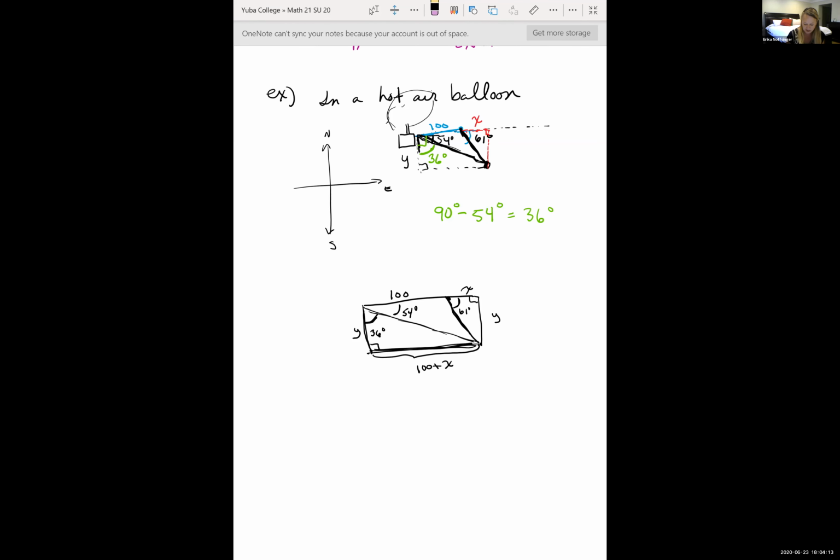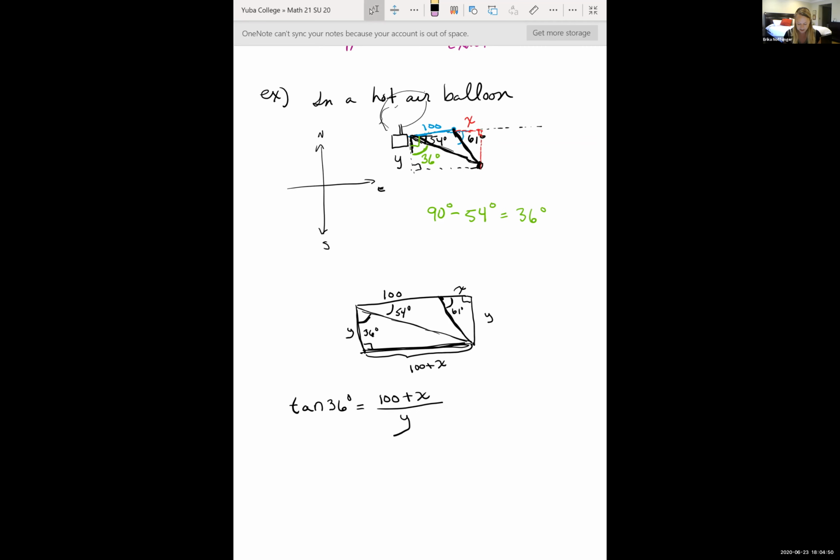From 36 degrees, we have the opposite and we know the adjacent. Tangent uses opposite and adjacent. So we have tangent of 36 degrees equal to the opposite, which is 100 plus x, over the adjacent, which is y. We'll come back to that equation in a minute.